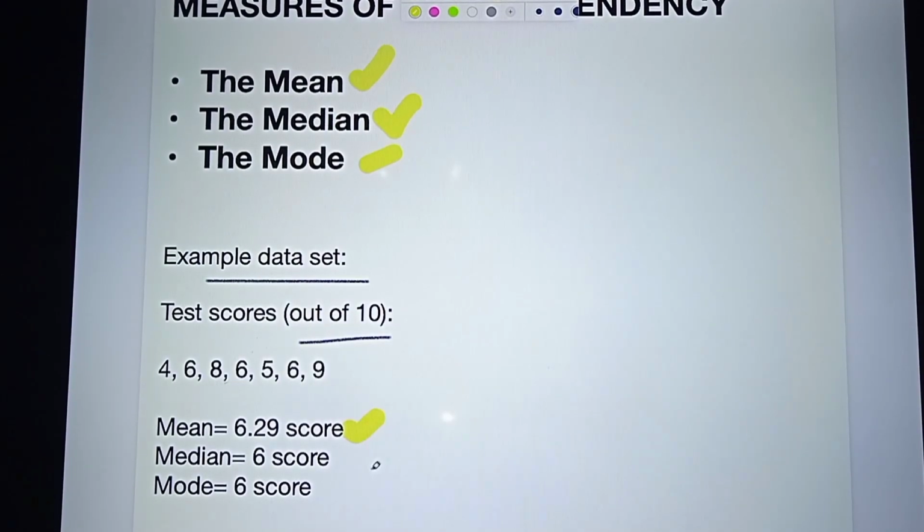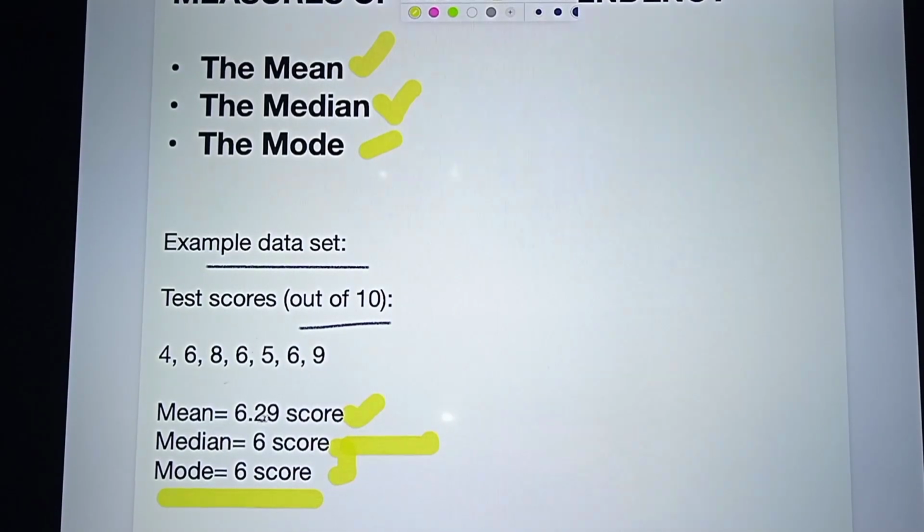The median and mode being 6 score tells us that median is equal to 6 means half the students scored 6 or below, and the other half scored 6 or above. Whereas mode is equal to 6 means the most frequently obtained score in the class.